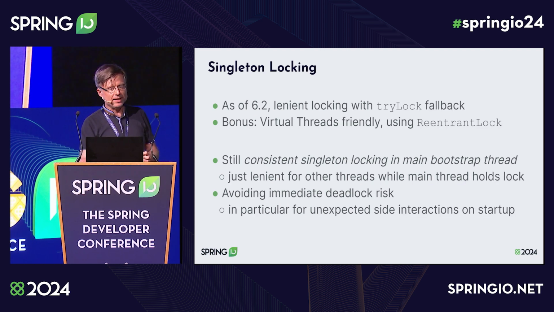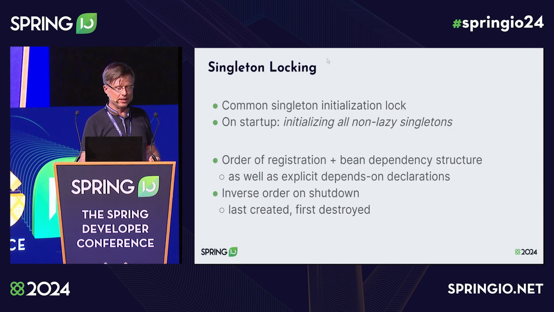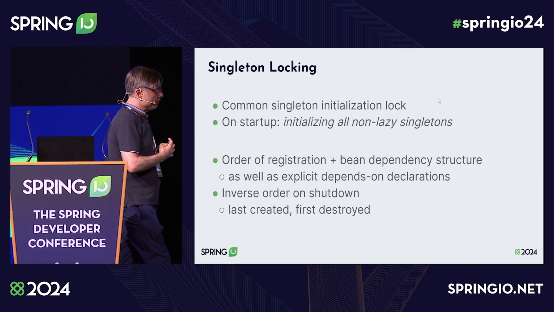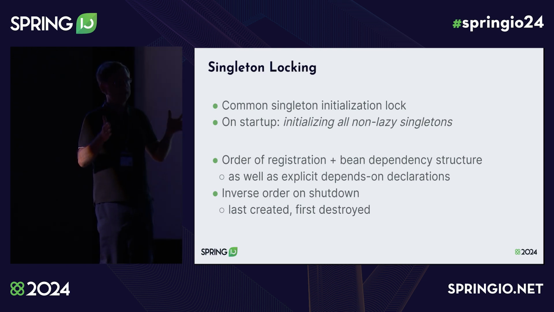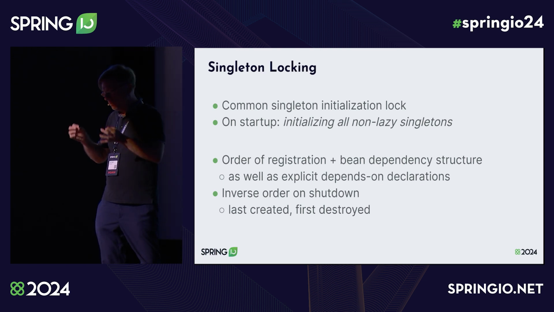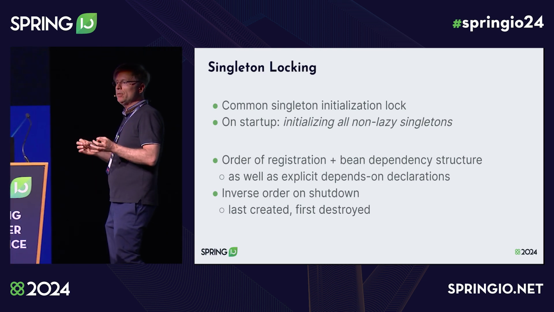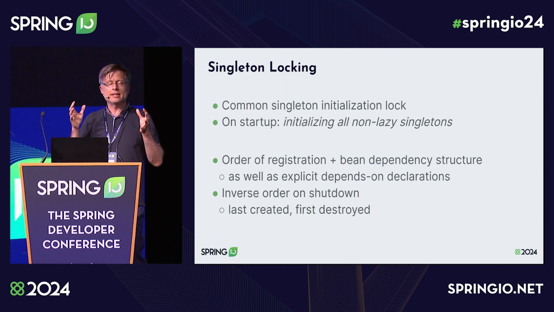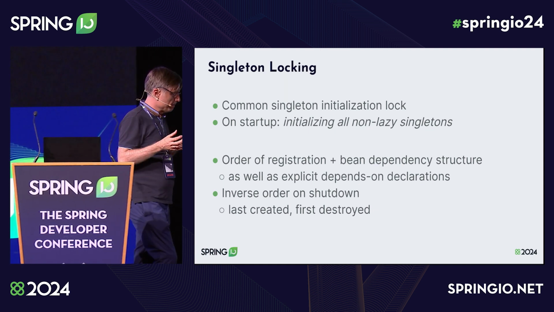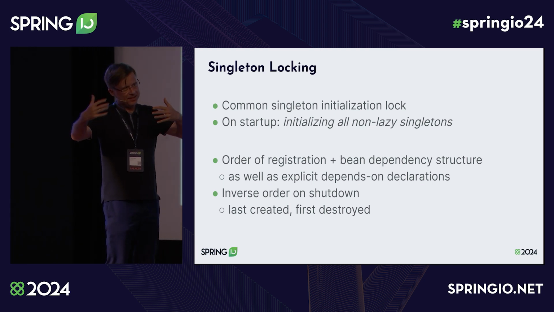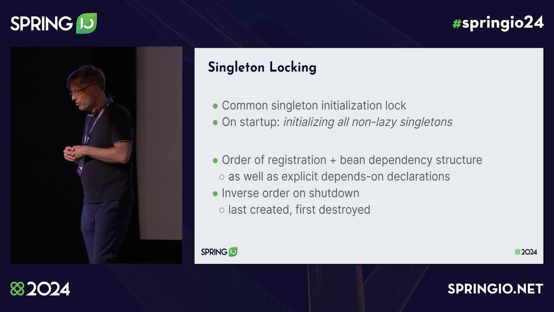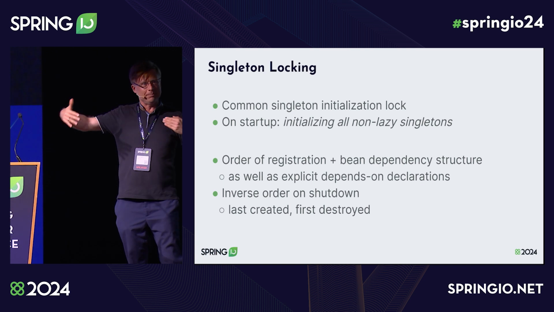All right, why is this relevant? It's actually this little note here. All of these singleton creation steps for every particular singleton bean happen within what we call a singleton initialization lock. The reason for this is that a bean and its dependency structure really needs to be seen as one step.